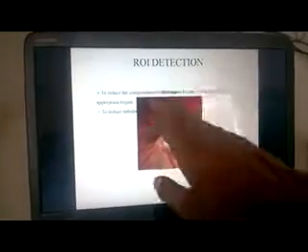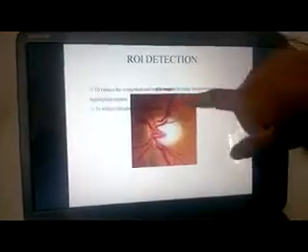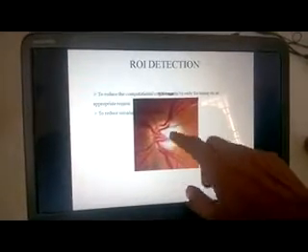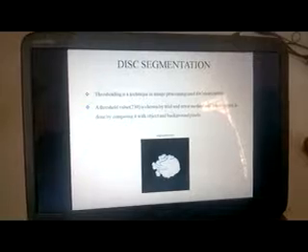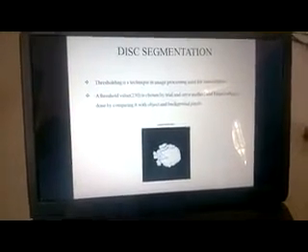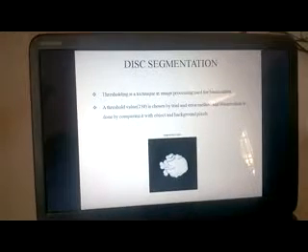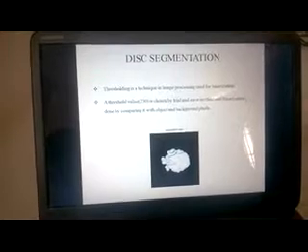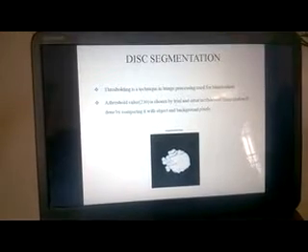Region of interest selection: to reduce the computational requirements by only focusing on the appropriate region. Here we have this appropriate region. Disc segmentation: thresholding is a technique in image processing used for binarization. We selected the threshold value as 230.